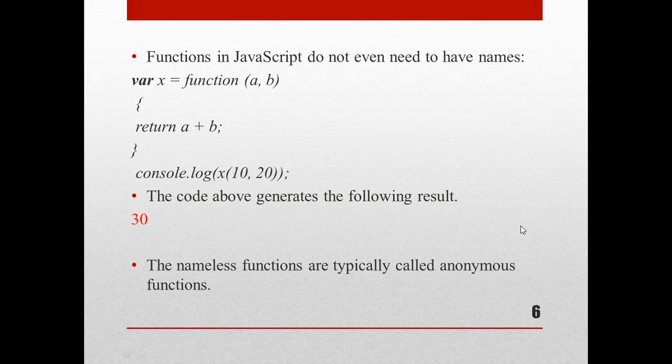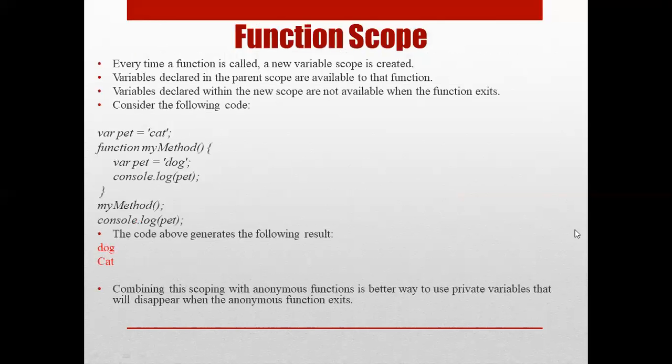Then function scope. Every time a function is called, a new variable scope is created. Whenever we call that function, at that time a new variable scope is created.